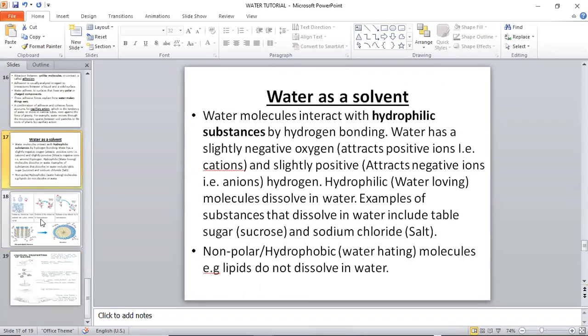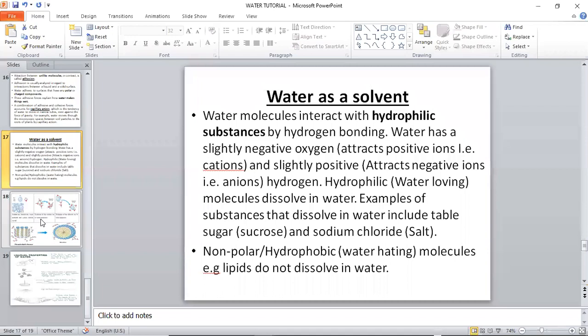Then another property of water is water as a solvent. Water is termed a universal solvent. So you find that water is going to dissolve hydrophilic molecules, or water loving. Hydrophilic simply means water loving.